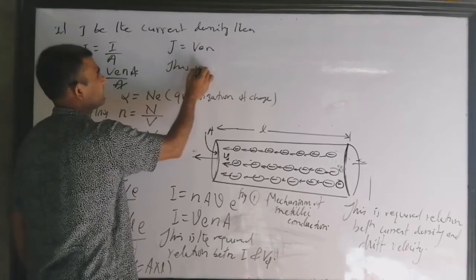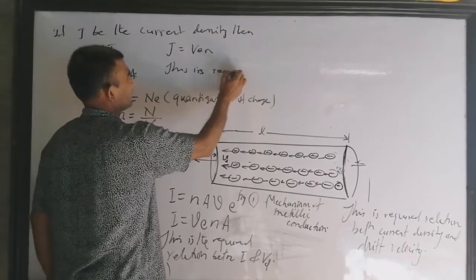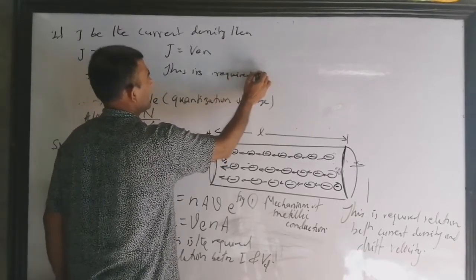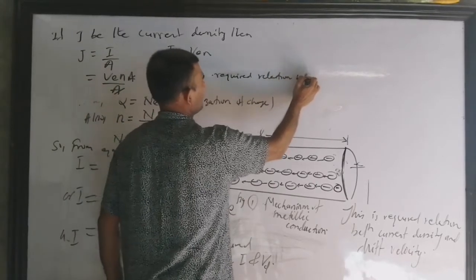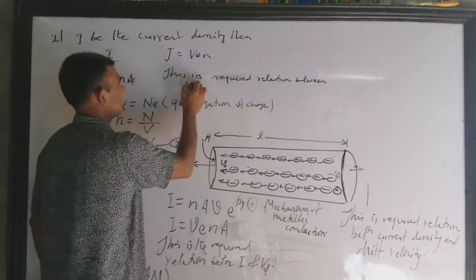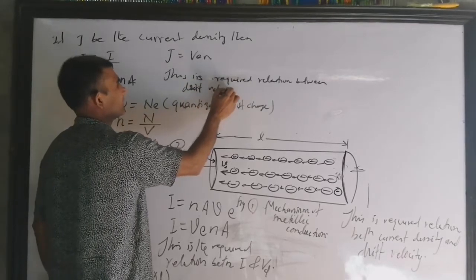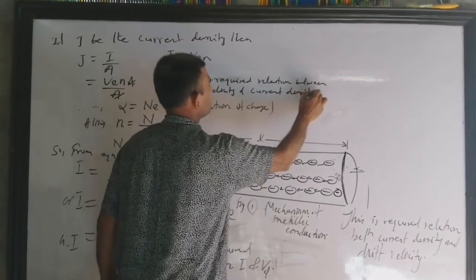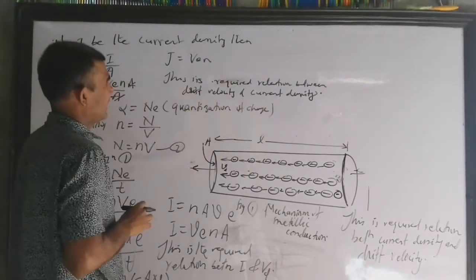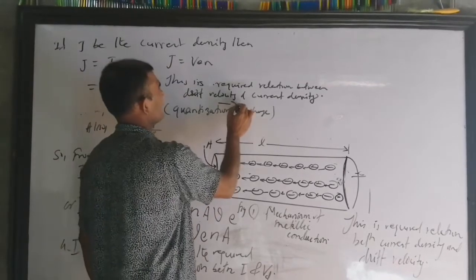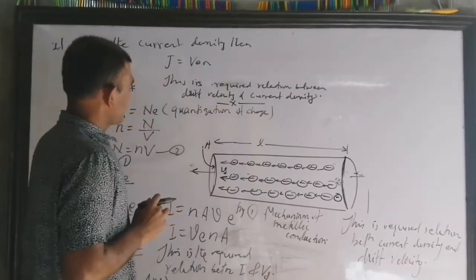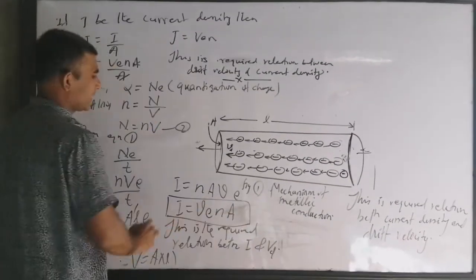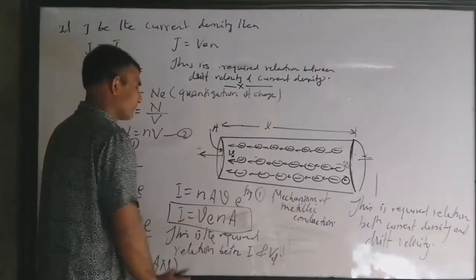This is the required relation between drift velocity and current density. Sometimes you may have to derive up to here and conclude the question. These were our very important questions. I think you remember the formula also: I equals n e A Vd, and you will never forget.